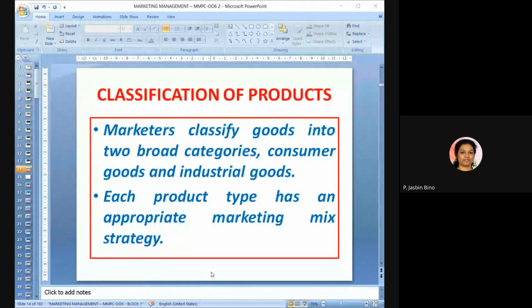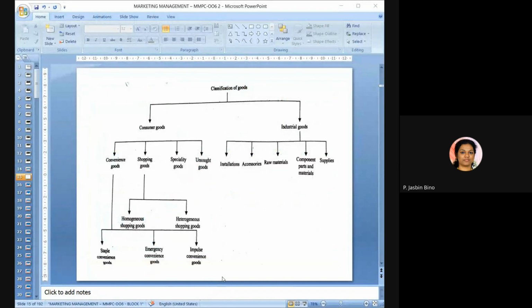Normally products are classified into two broad categories. The first is consumer goods, or consumer products, and the second is industrial goods, or industrial products. Each product type has an appropriate marketing mix strategy. Consumer goods are again divided into convenience goods, shopping goods, specialty goods, and unsought goods.